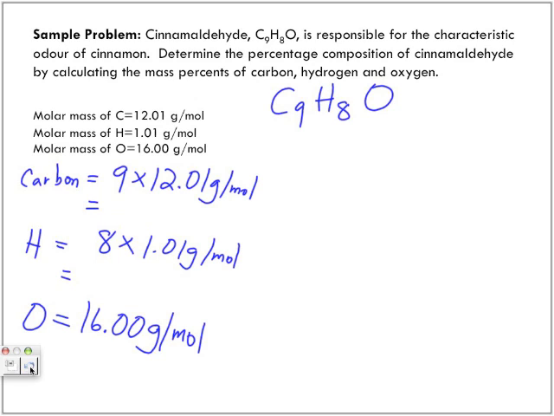Take a moment and find those numbers. What do we get for carbon when we multiply 9 times 12.01? 108.09, in grams per mole, or even just grams.